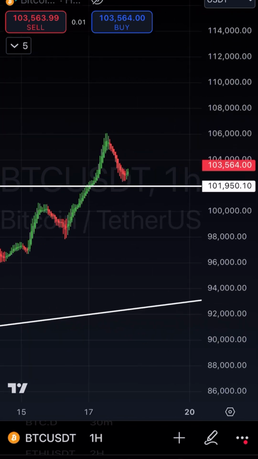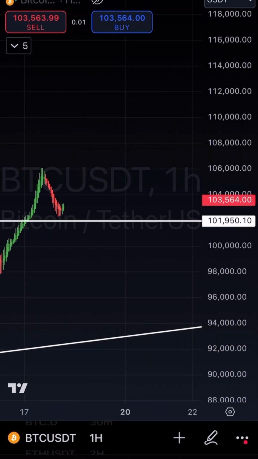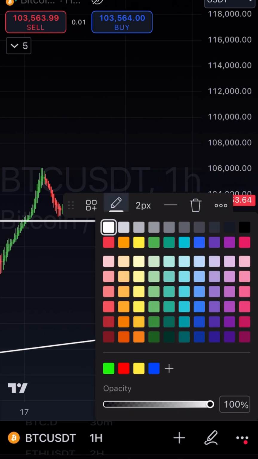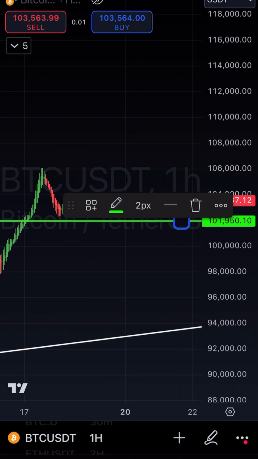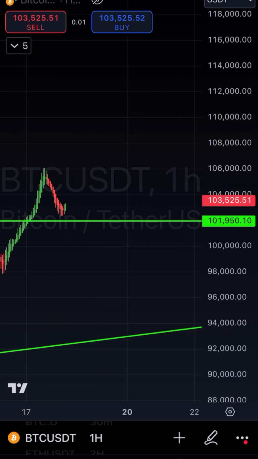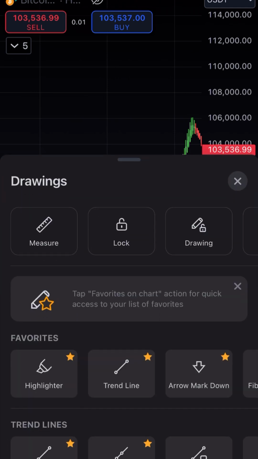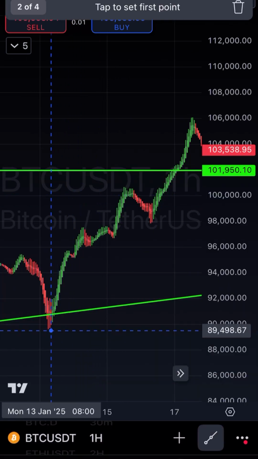So once you have it on the day, you can actually go in and, for future purposes, you can note it out. You can change these to different colors. Change it to green for the day, and then the hour here you can have a different color.